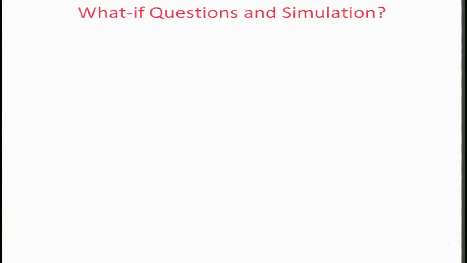Okay. Then the next part that we want to get into is what we call what-if questions and simulation. Okay. What we are trying to say here is that simulation always looks into what-if analysis. A better way to put it is alternative analysis.